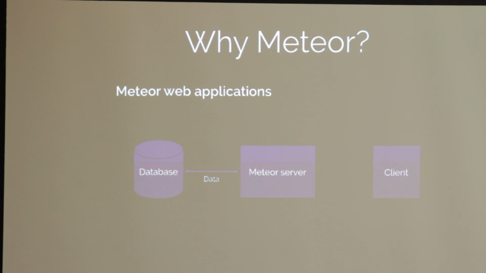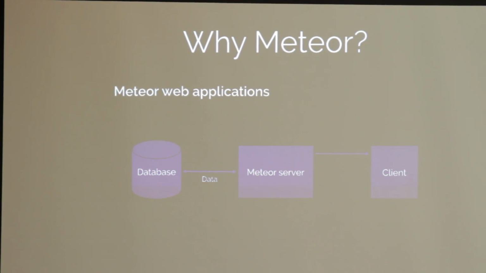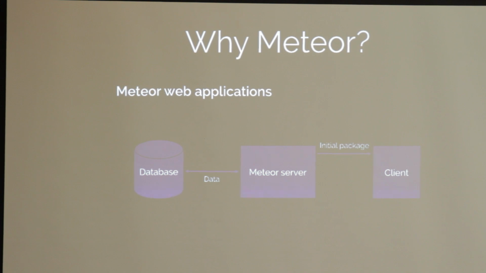And in a Meteor application, the database and the Meteor server are talking together, keeping in sync, more or less. There's an initial package that's sent when your client connects to a Meteor server, and that initial package contains all of the templates and all of the code that's needed to run, the data model, all that stuff.